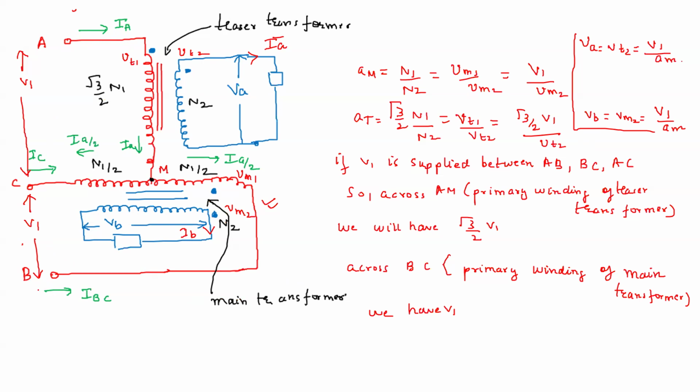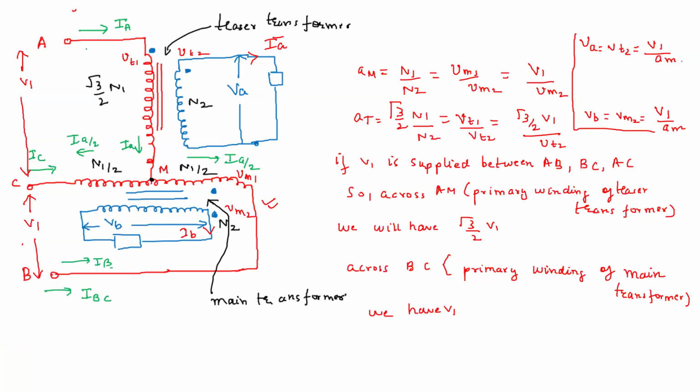Let me write here capital IB also. So first of all, if you see IA here and small ia here, what is the ratio between IA and small ia?